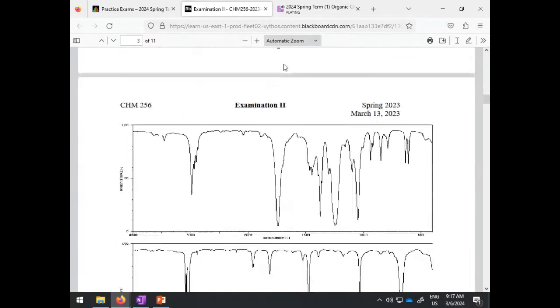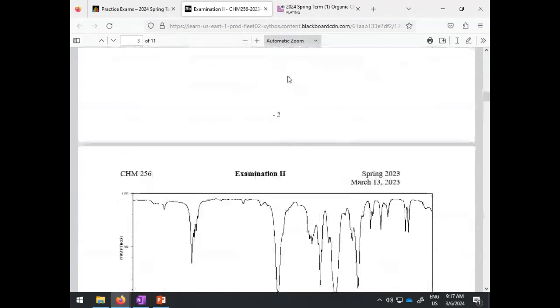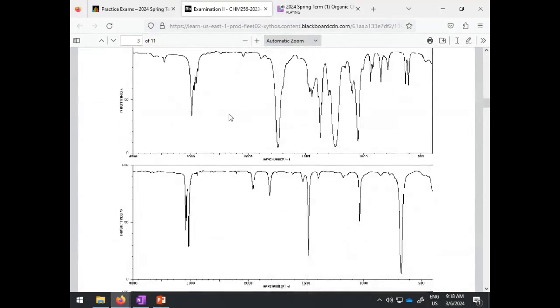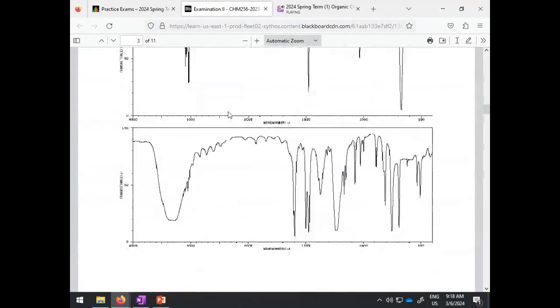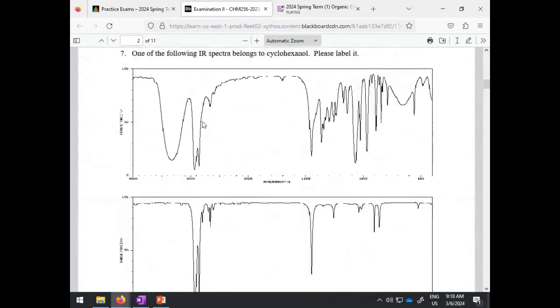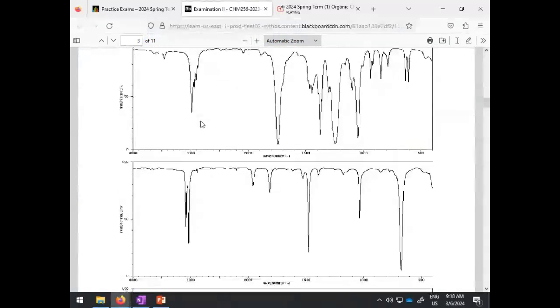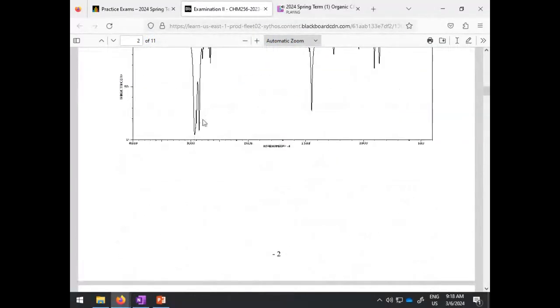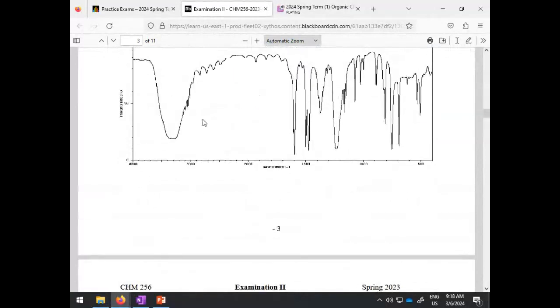Say the question is, which one is cyclohexanol? Obviously you can exclude those spectra that do not have an intense and strong OH peak. So either the first one is cyclohexanol or the last one is cyclohexanol, because those two have an intense OH peak.